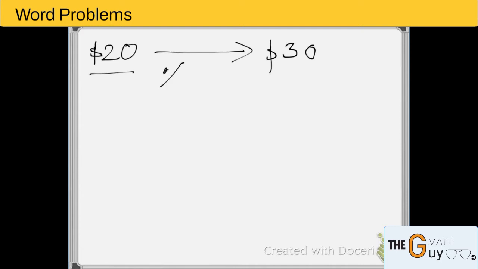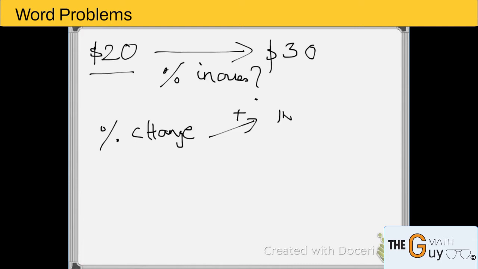So what is the percentage increase in this situation? The key thing here is, when you calculate percentage change, it can be both an increase or a decrease. If the percentage change is positive, it's an increase, and if it is negative, it's a decrease.